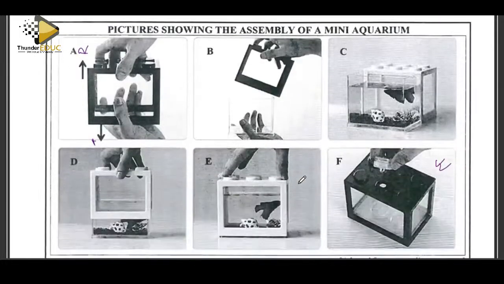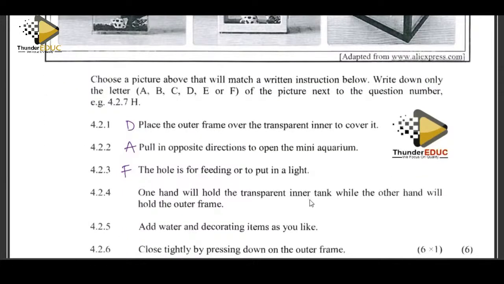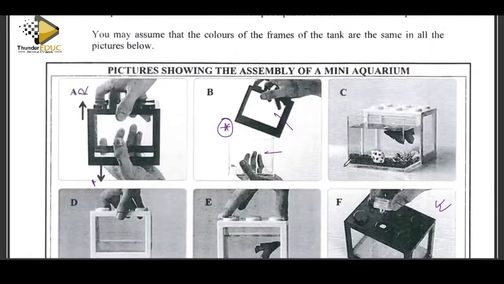So here we are looking for a place that has two hands holding. There's this B here, transparent and the cover. Add water and decorating items as you like. It's here, C.